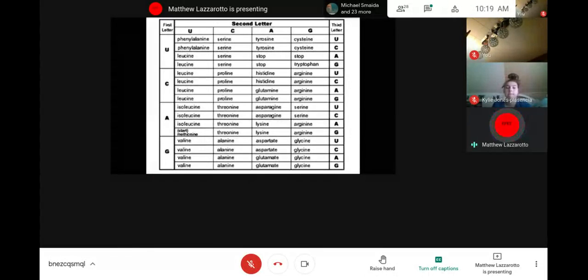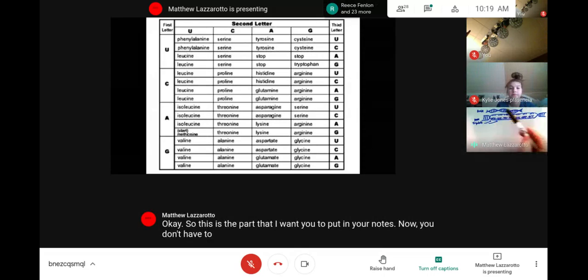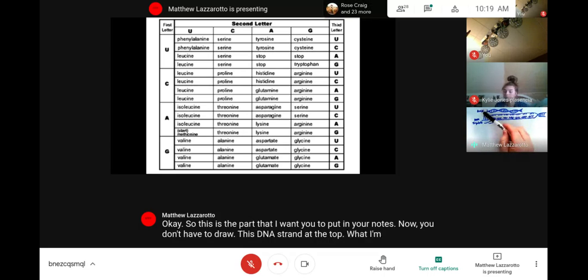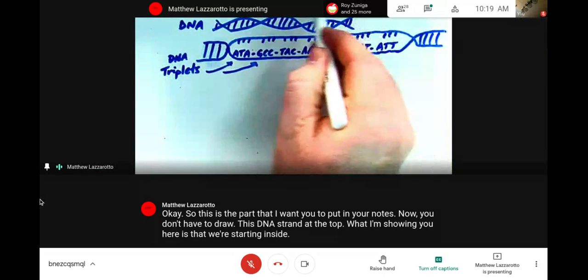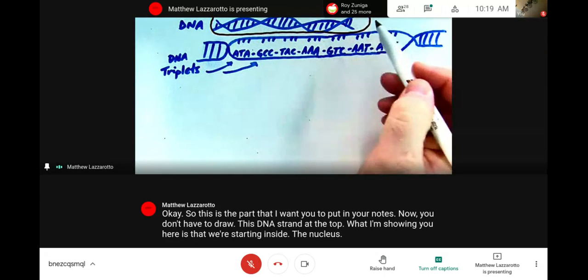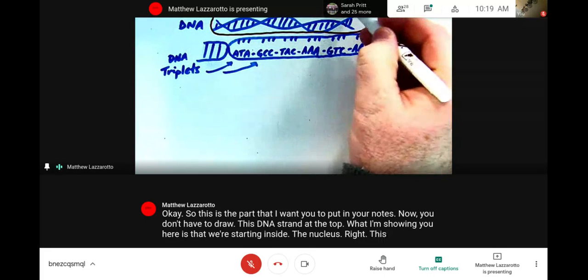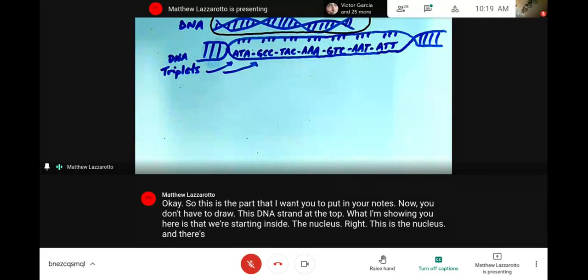Okay. So this is the part that I want you to put in your notes. Now, you don't have to draw this DNA strand at the top. What I'm showing you here is that we're starting inside the nucleus, right? This is the nucleus, and there's DNA inside the nucleus.